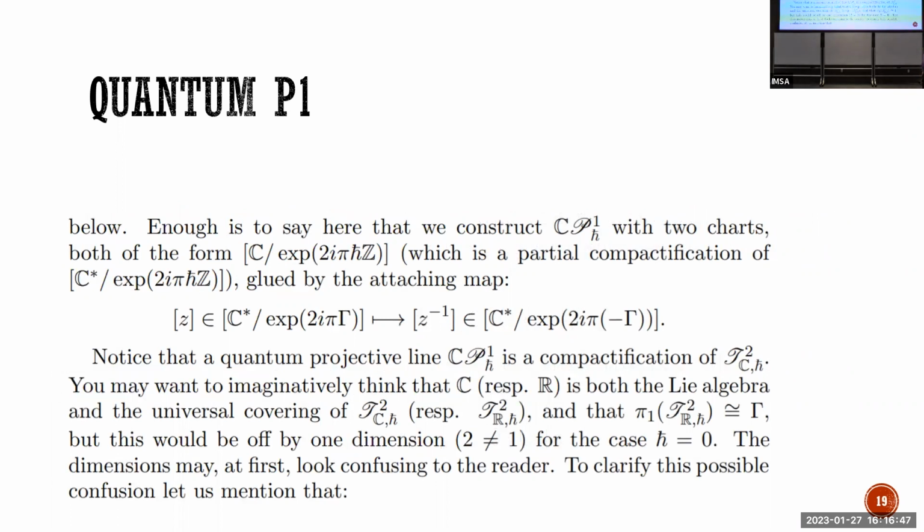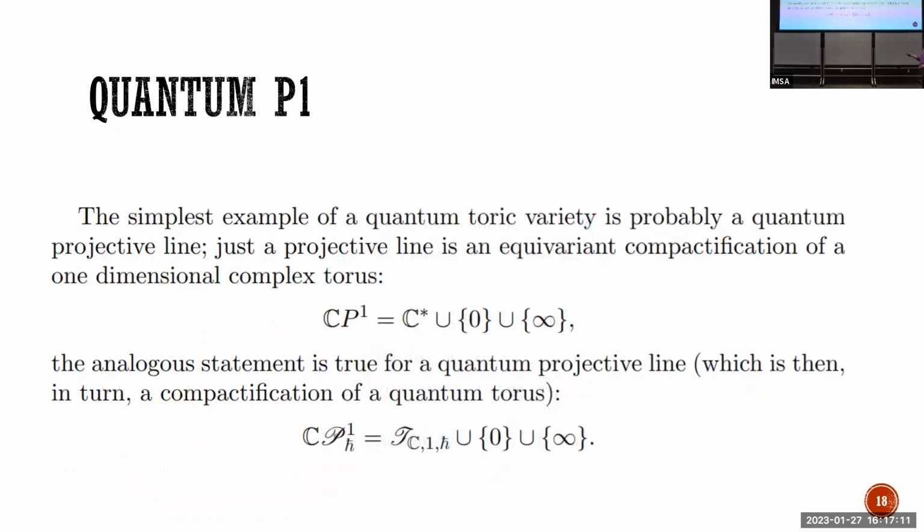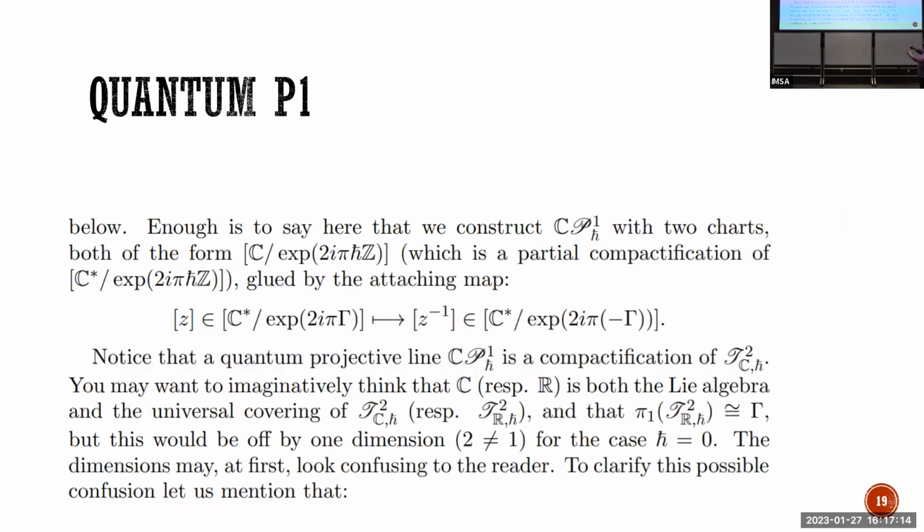While to get CP1, I just send z to z to the minus 1, I could just get this quantum lattice, say that gamma is generated by 1 and h bar, and I can still glue these two things and obtain a CP1 that has h bar as its deformation parameter. So you glue these two things. Well, I have an example of P1. I use there only 1 degree of freedom, but I can add as many degrees of freedom as you will see to get deformations of CP1.